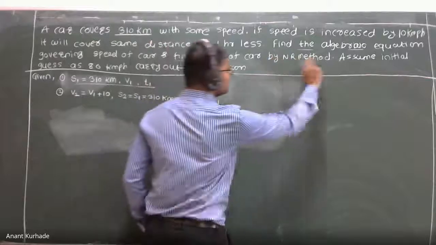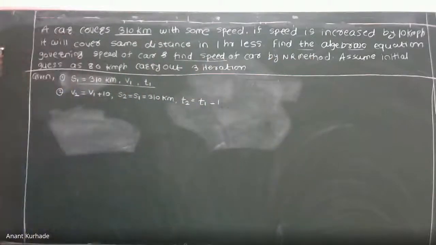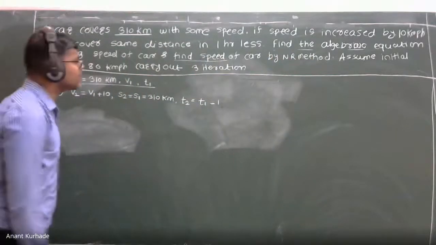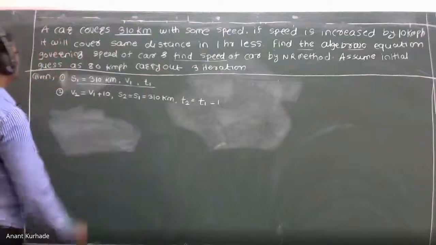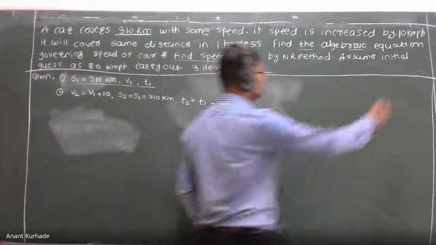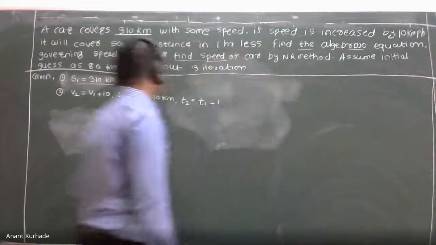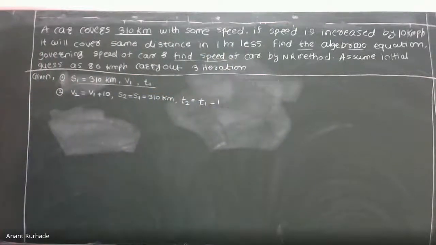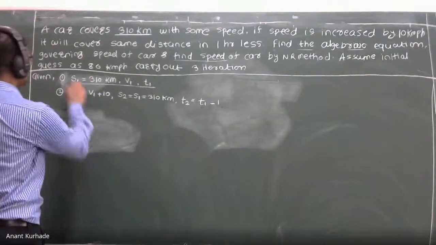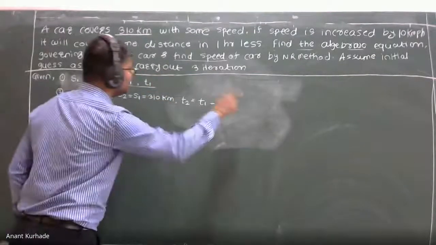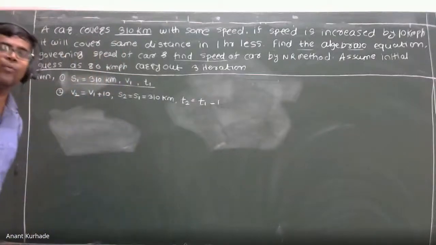Next, find the algebraic equation which governs the speed of the car. That means you have to find one equation in terms of v only.